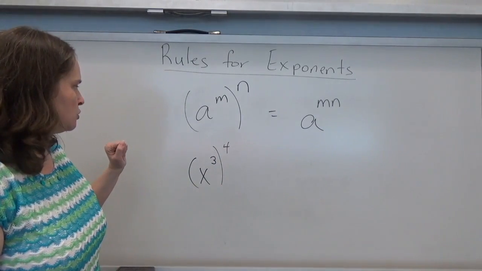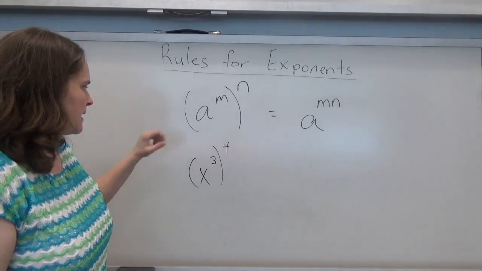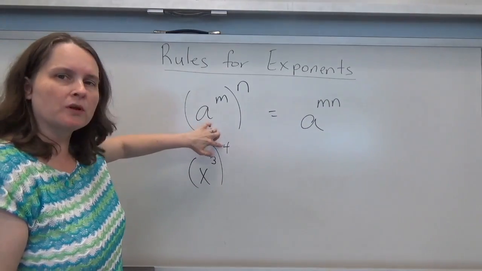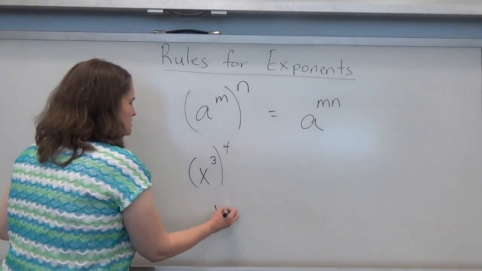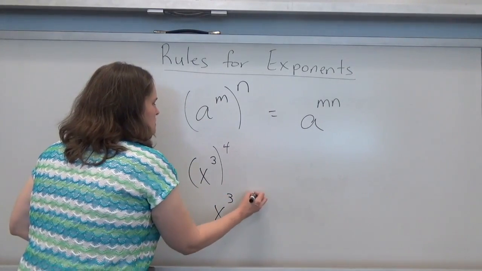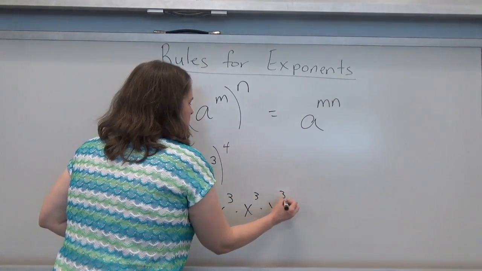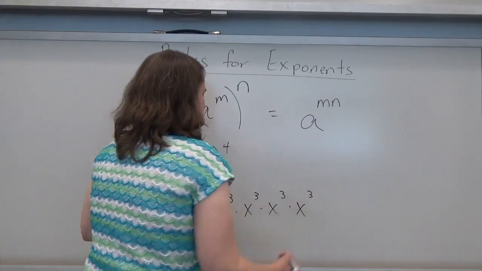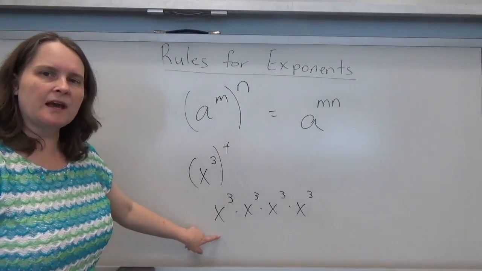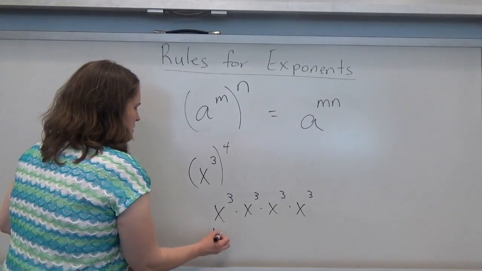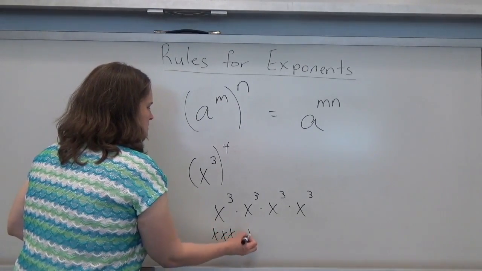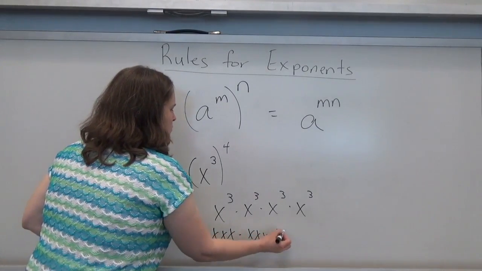Well, if I'm raising this base to the 4th power, then I'm going to multiply my base by itself 4 times. So I've got x cubed times x cubed times x cubed times x cubed. All right, each x cubed is telling me to multiply x by itself 3 times. So you've got x times x times x, and you do that 4 times.